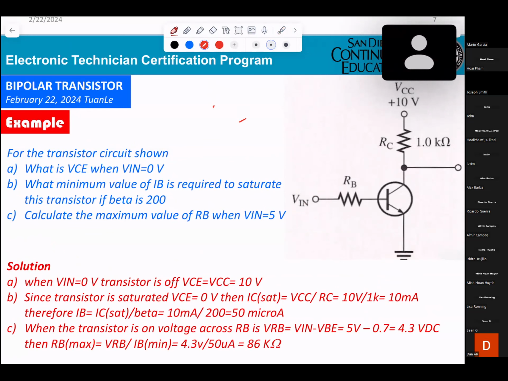You know that will be C, that will be B, that will be E. They're asking for the VCE, that means here.